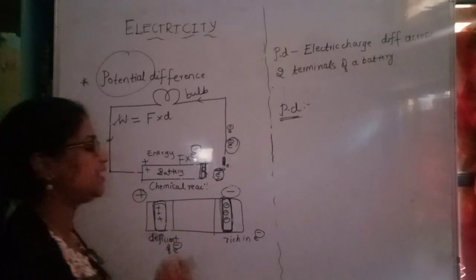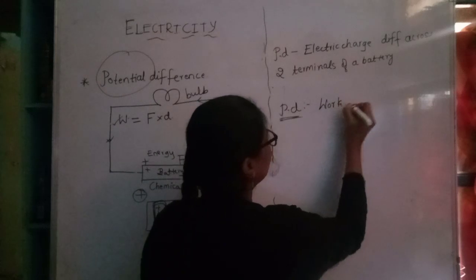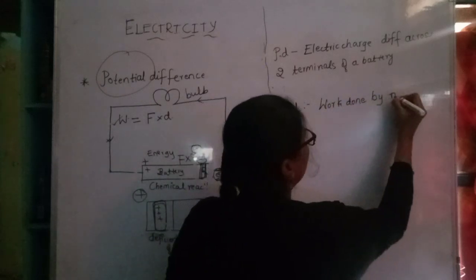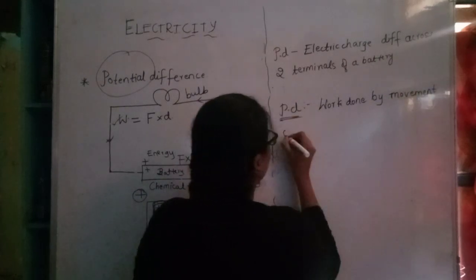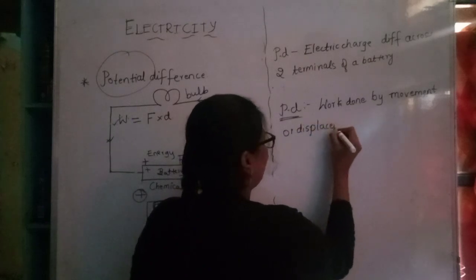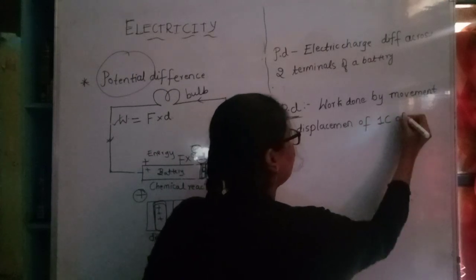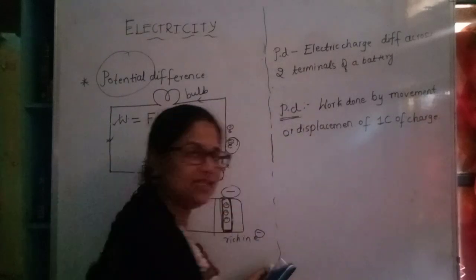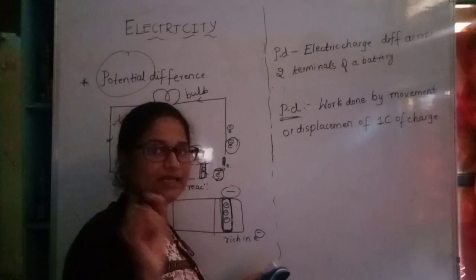So according to our textbook, the potential difference can be written as the work done by movement or displacement of 1 coulomb of charge. How many electrons does 1 coulomb of charge contain? 6.25 into 10 raised to 18 electrons.